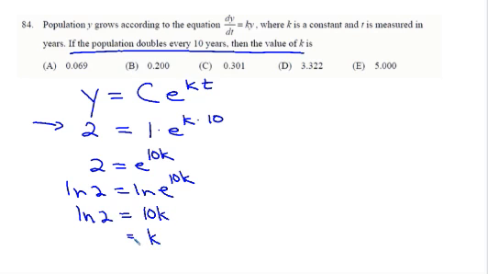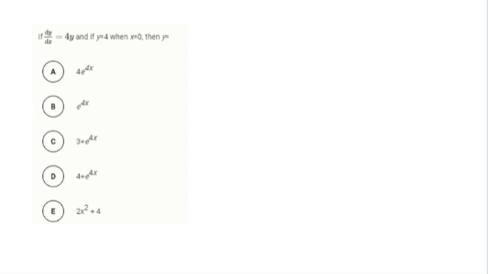So k equals the natural log of 2 divided by 10, and that decimal is 0.069. Remember, in calculus, decimal answers are to 3 places.